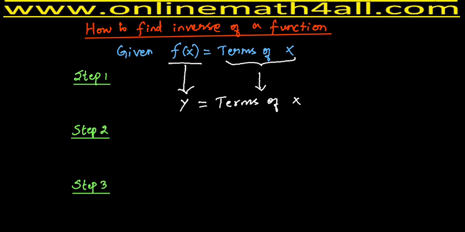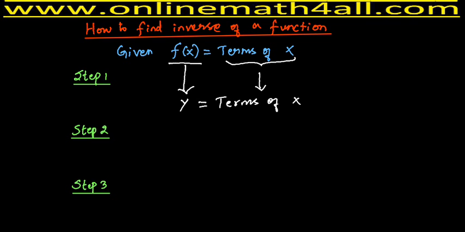This is what I do in step 1. I just replace f of x or h of x or g of x, whatever is given in the function, by y. On the right side of the equal sign, we just take the terms of x as they are given in the given function.